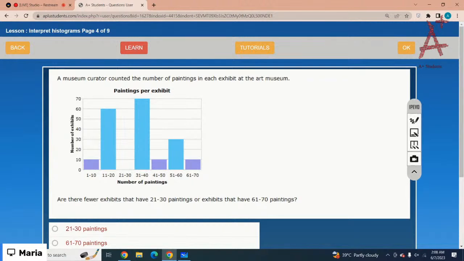Okay, the next one is: a museum curator counted the number of paintings in each exhibit at the art museum. Are there fewer exhibits that have 20 to 30 paintings or exhibits that have 61 to 70 paintings?